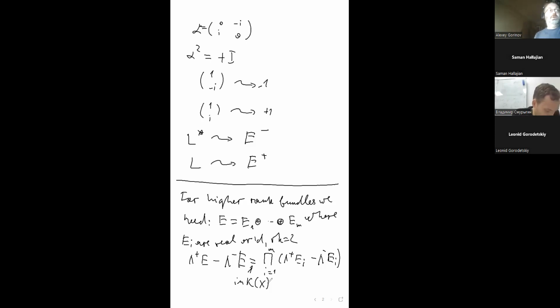So in particular, okay, let me write it down. I have lambda of E is the tensor product of lambda E_i.